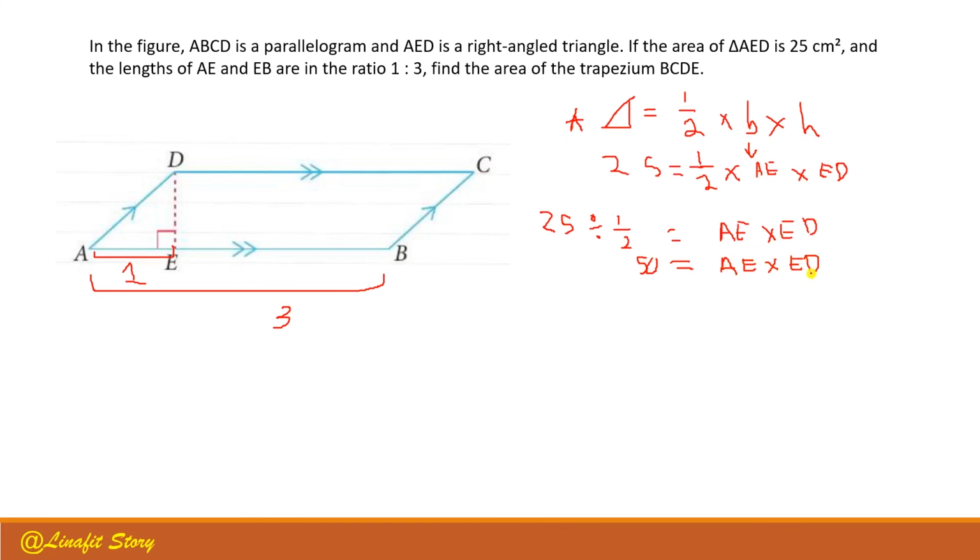Then we will find the trapezium BCDE. To get the area of the trapezium is EB plus DC divided by 2 times the height.